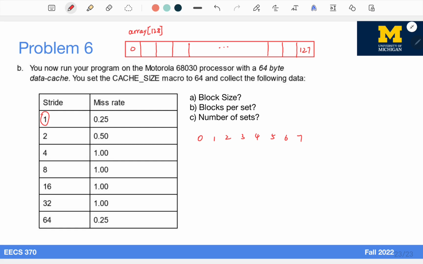Therefore, since the question tells us the miss rate is 0.25 or 1/4, that means in every block we will have a first cache miss combined with 3 cache hits. And next, we will have another cache miss with 3 cache hits, which tells us that our cache block should have 4 bytes.